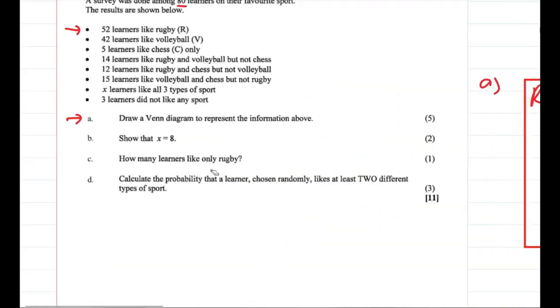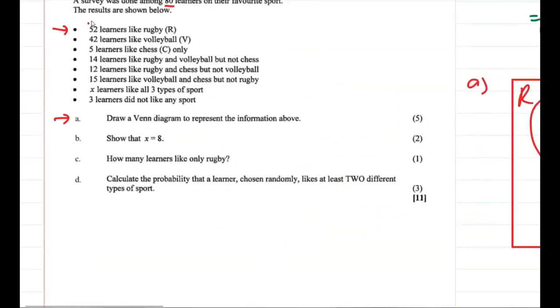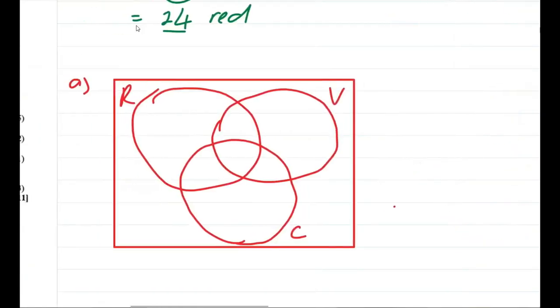How do you know the 52 learners in here only like rugby? You see what I'm saying? Yes, sir. The fact that we don't know in what way they like rugby, the only thing that we can do is say that whatever is going to be here, here, here, here, all of those should add up definitely to 52. Does that make sense?